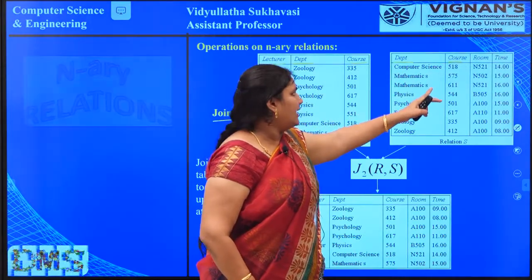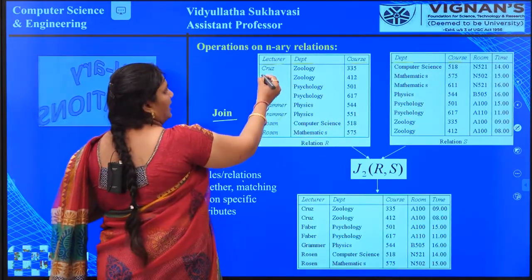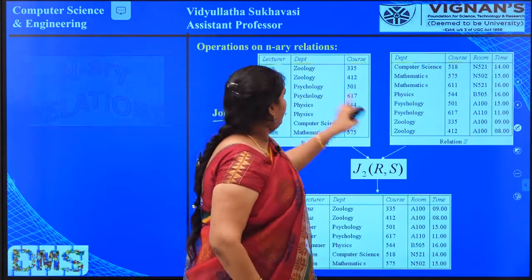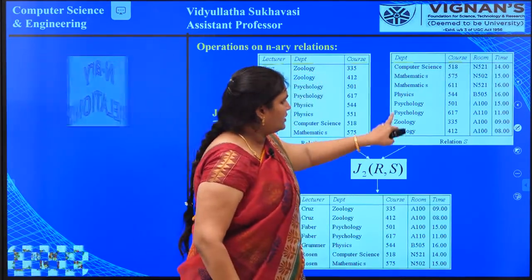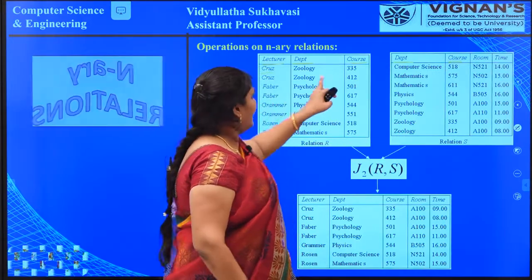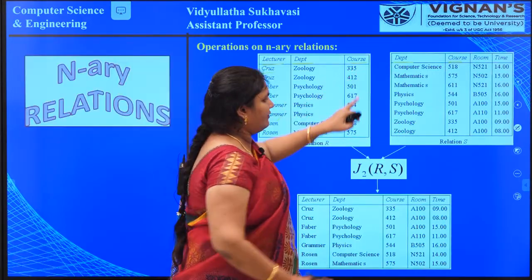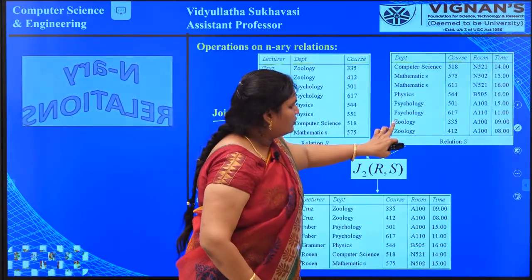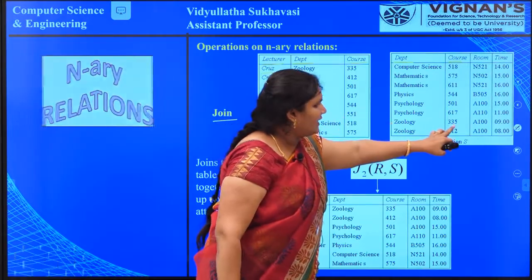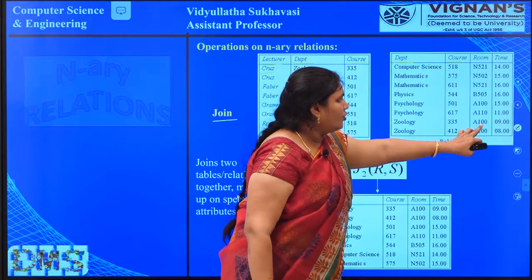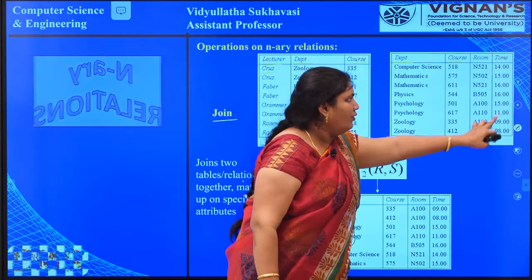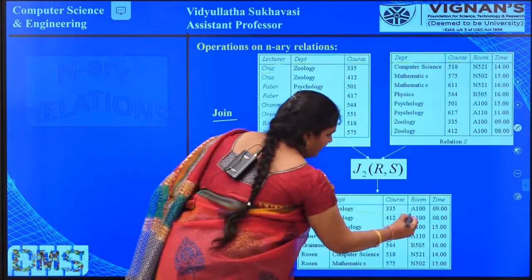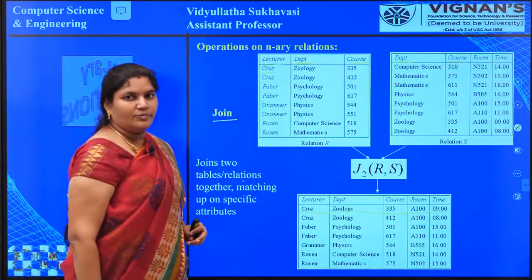Lecturer Cruz is teaching zoology, and the course ID is 335, so the lecturer will be Cruz. Zoology has course ID 335, room A100, and time 9. That will come in the output.